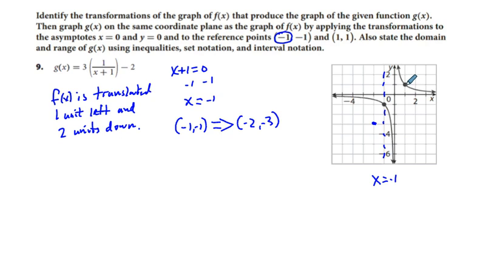And then likewise, we have this point here at 1, comma 1, which goes to the left 1, down 2. So we have 0, comma negative 1.